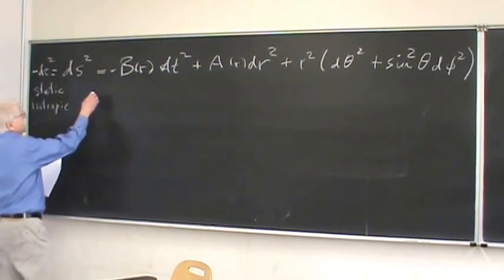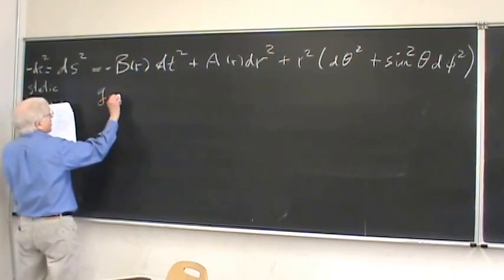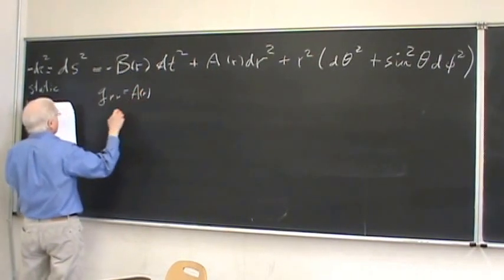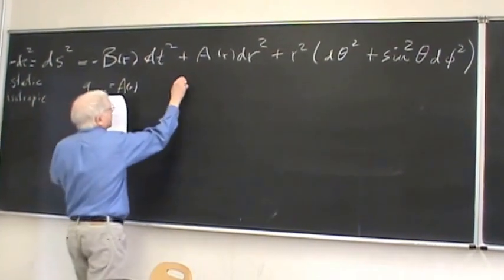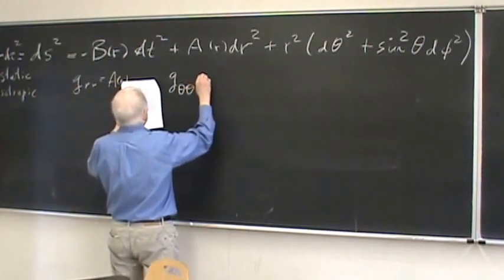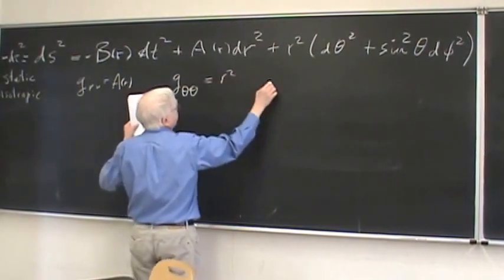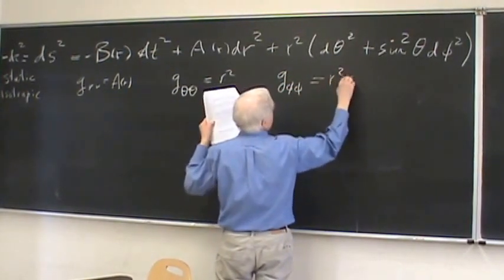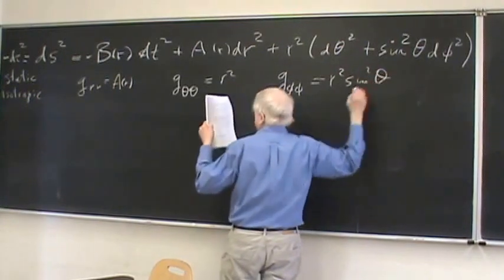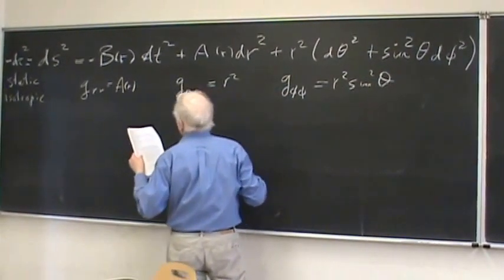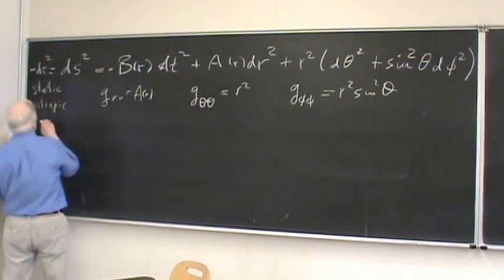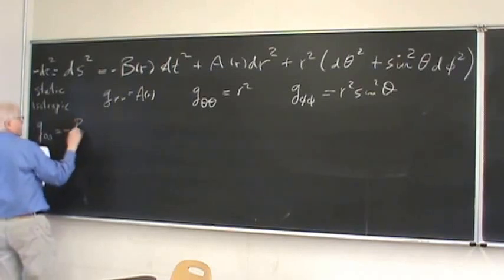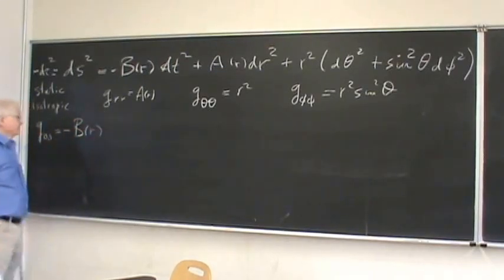Anyway, what we see here is that g_rr is equal to A of r, g_theta theta is just r squared, g_phi phi is r squared sine squared theta, and of course g_00 is minus B of r.